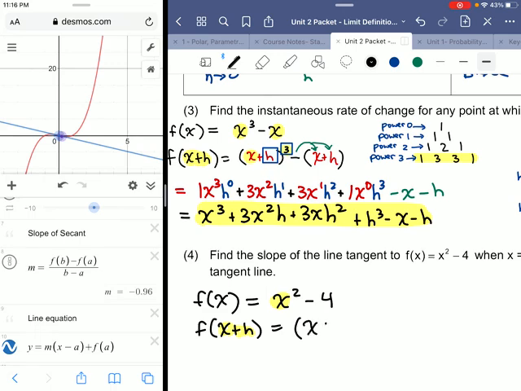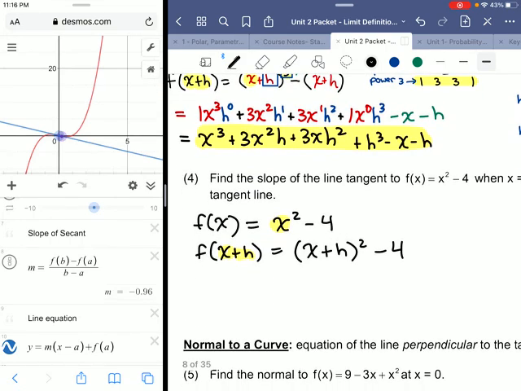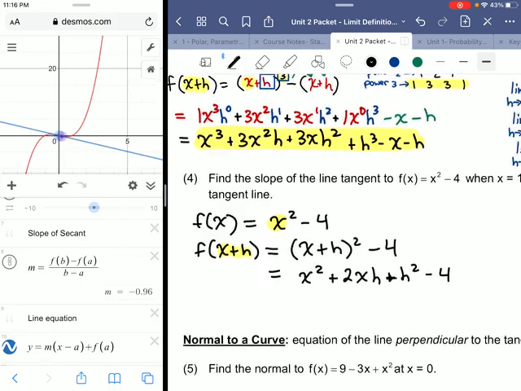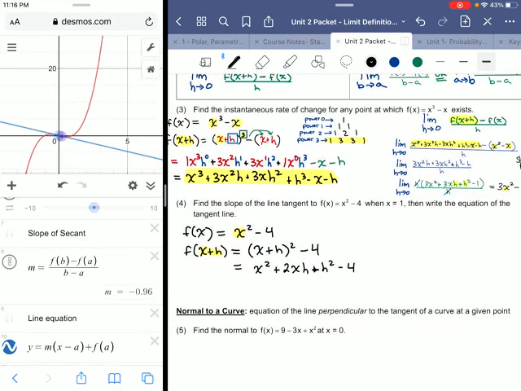You could still use Pascal's triangle here, but I don't know that you need it as much as you would have needed it in the other case. So x squared plus 2xh plus h squared minus the 4 that was already there. Alright, so that's my f of x plus h.